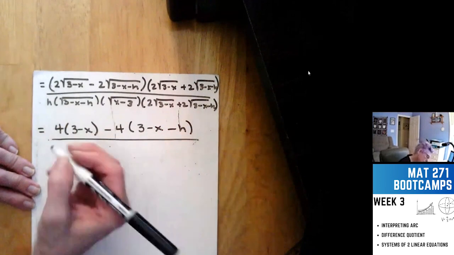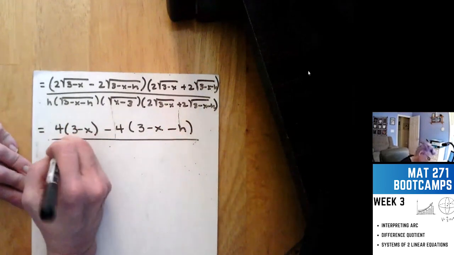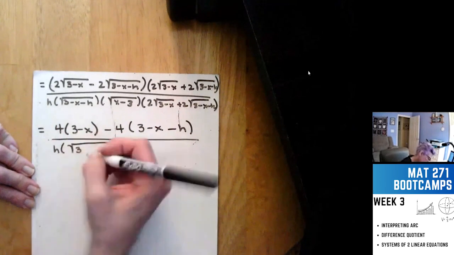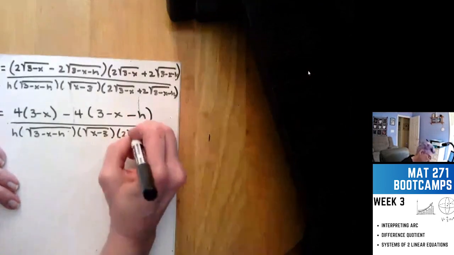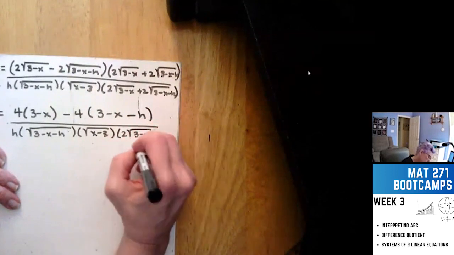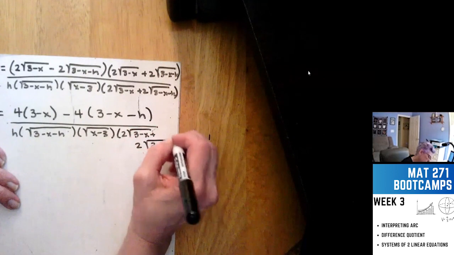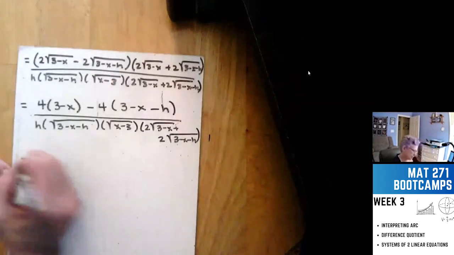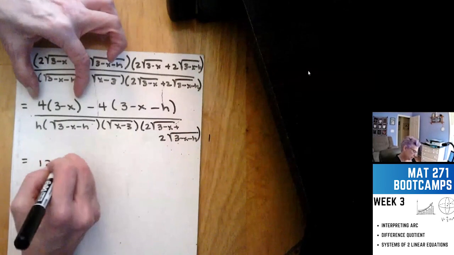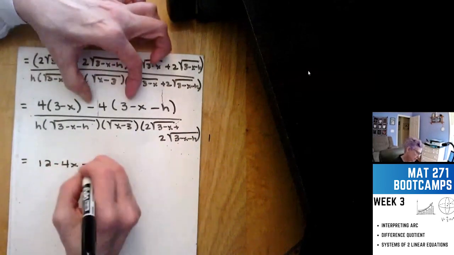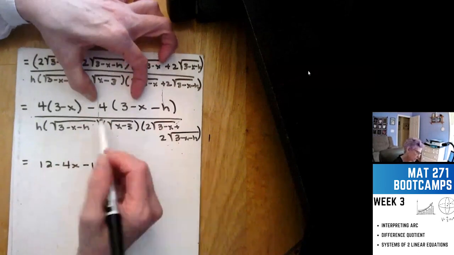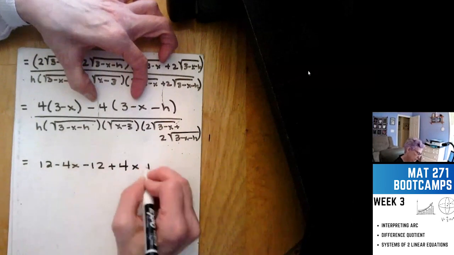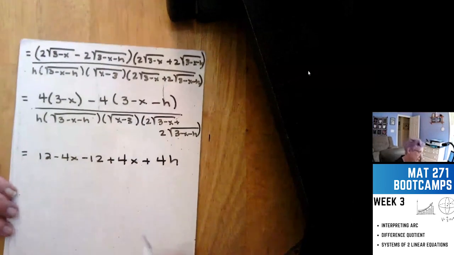And all of that is living on top of h times the LCD times the conjugate. Distribute: 12 minus 4x minus 12, minus times minus is plus 4x, minus times minus is plus 4h.